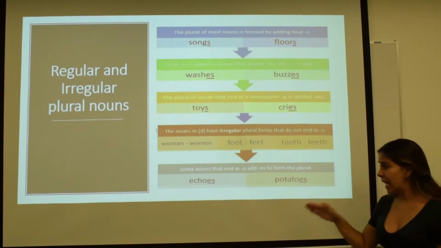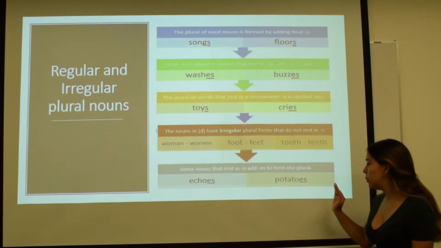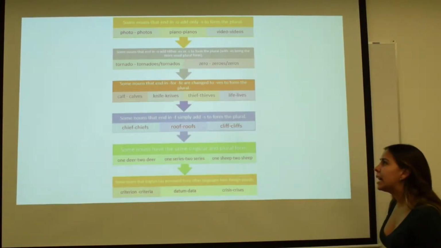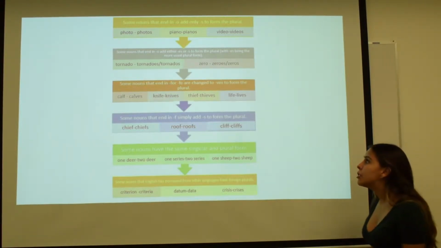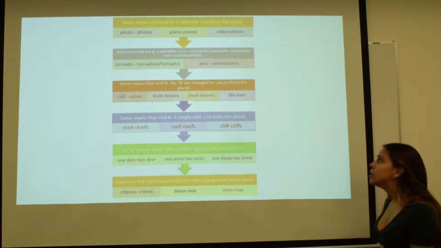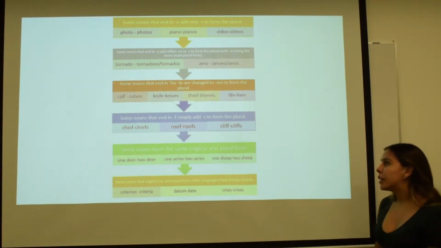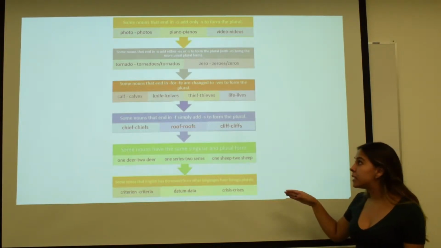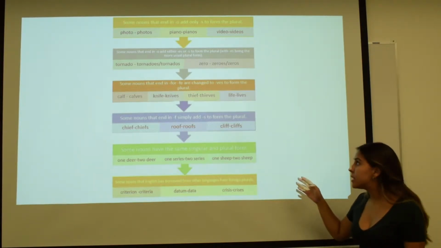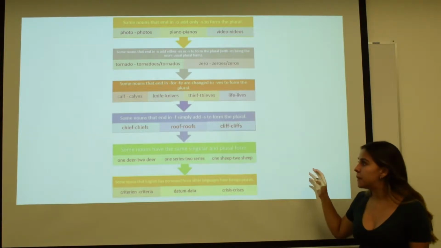So we have echo will be echoes, potato, potatoes. Some nouns that end in f or fe are changed to ves to form the plural. For example, calf, calves, knife, knives, thief, thieves, life, lives.